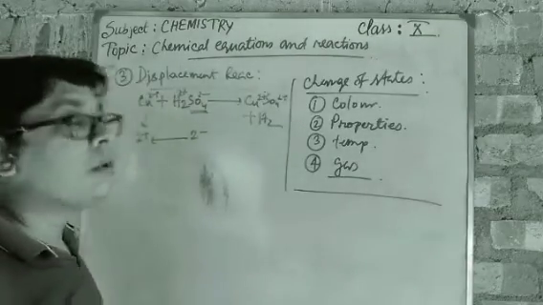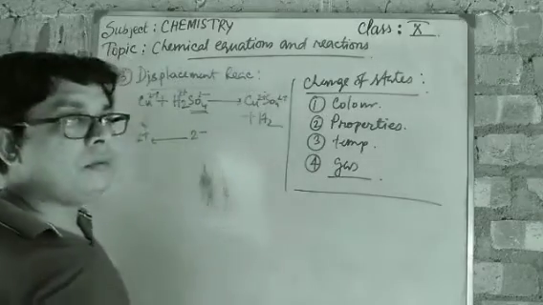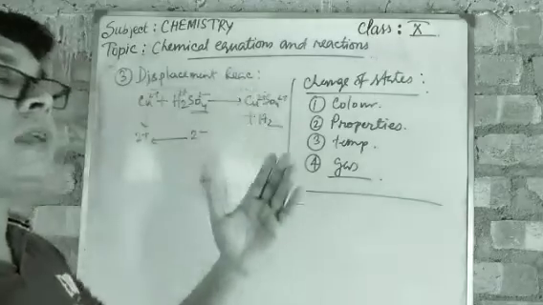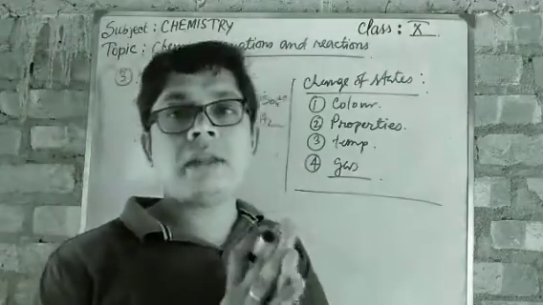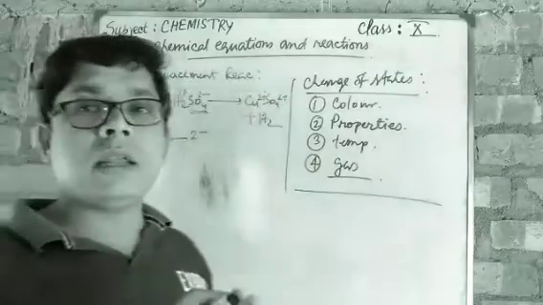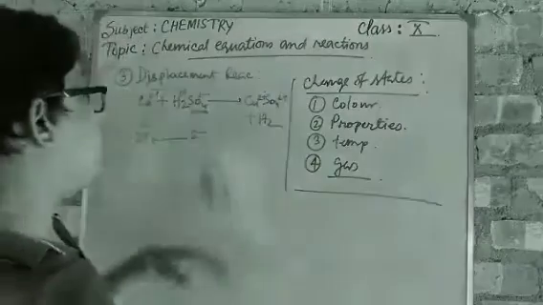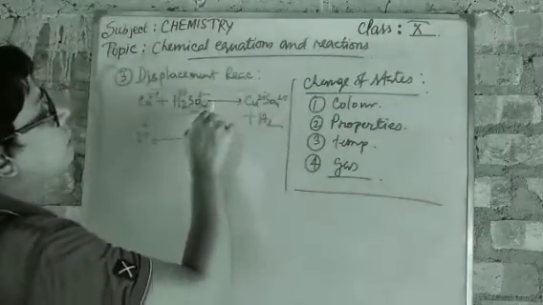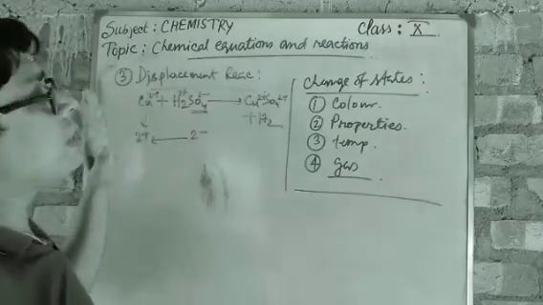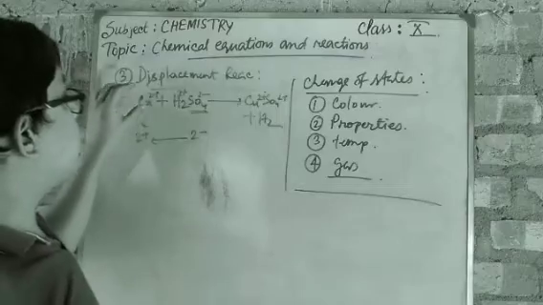Got it? Cation, anion, no need to give, but I have just told how it has changed itself, because we know that cation and anion react together and make a product, not cation with cation, not anion with anion. Since the anion has been taken out from here, it must go to the next cation, that is Cu2 plus.